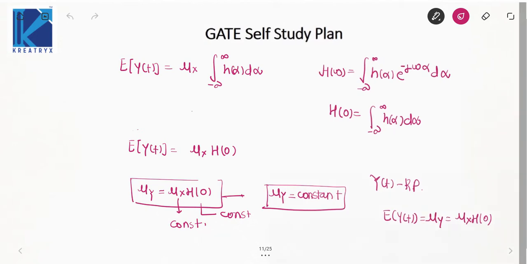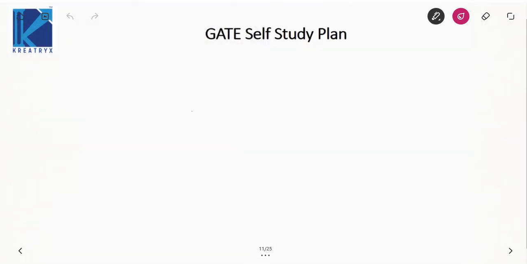Now we'll calculate the autocorrelation function. To calculate it, we know that ryy of t1 comma t2 is equal to the expectation operator of y of t1 into y of t2.